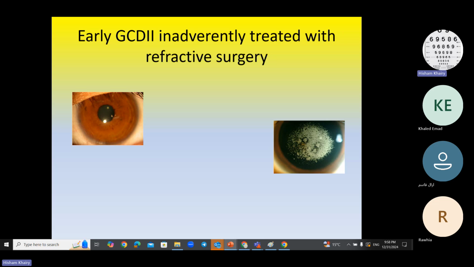So if the doctor is refractive surgery friendly and treats one of these cases, there are several reports that the patients who were treated with laser refractive surgery had rapid advanced deposition of the granular deposits and ended up in a less privileged situation than what they started with.